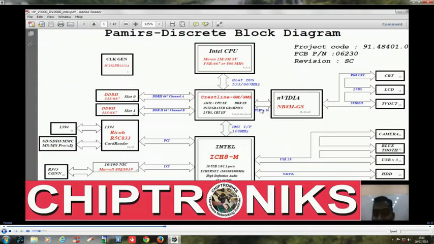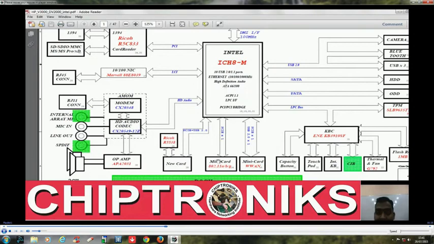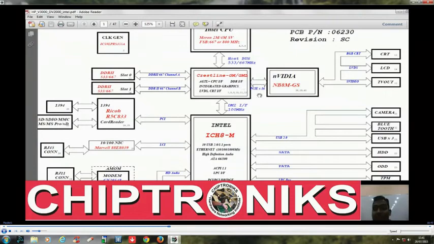That means a different PCI Express link is between GMCH and NVIDIA, and a different one is between ICH and mini card. We are not sharing the same link. Whereas in PCI, the lane can be shared between multiple devices, and thus speed is greatly reduced. In PCI Express the speed is very high. As you can see, how many wires PCI Express 16 corresponds to in a notebook motherboard.